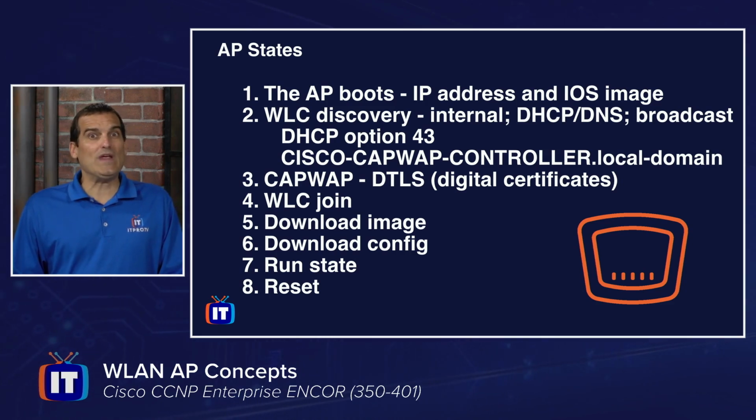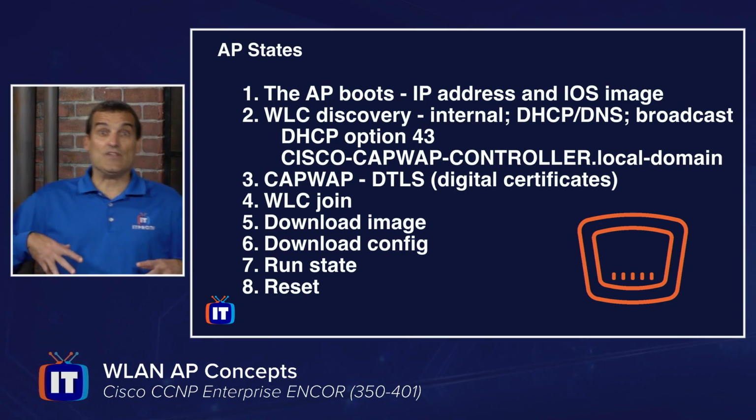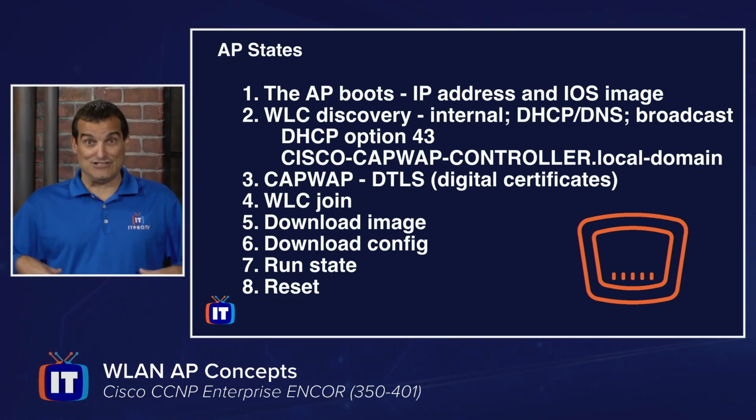Then we go into the discovery of the wireless LAN controller. This is critical. Because it's so critical, there are multiple ways to get this done. The device can have the internal intelligence, more on this in a moment, of who it's supposed to use for a WLC, so it'll just start using that WLC.